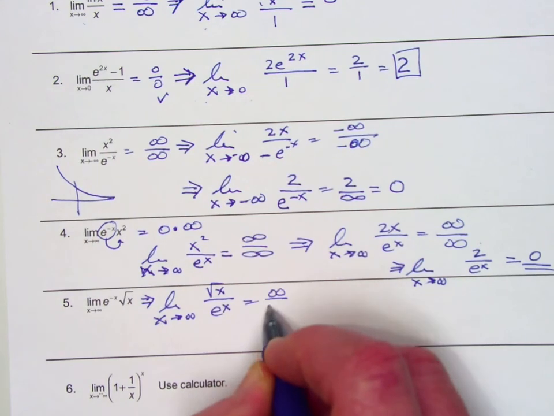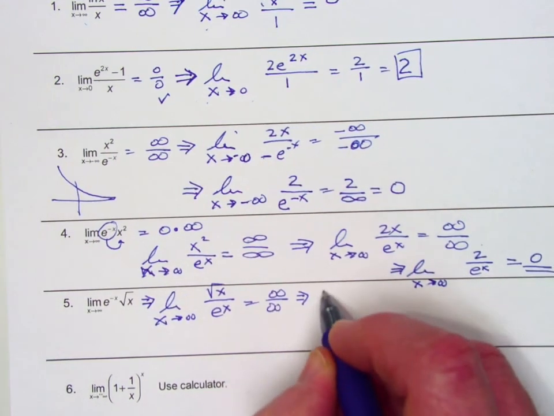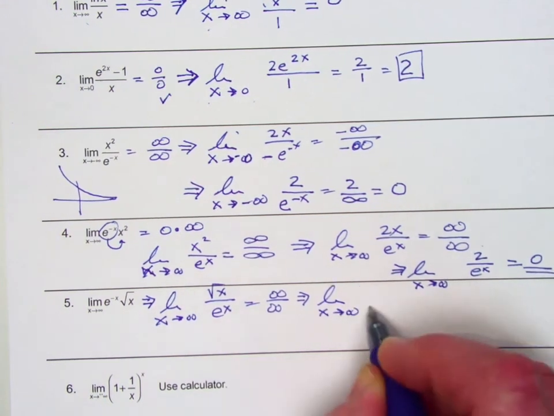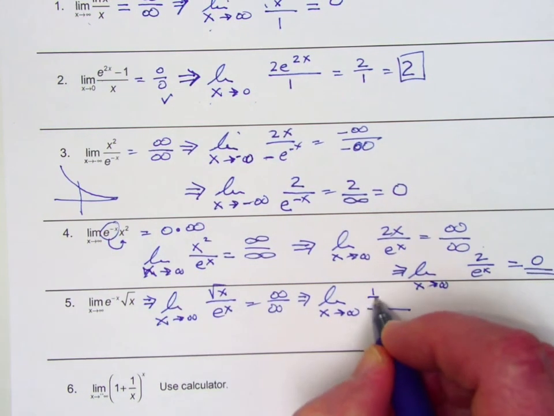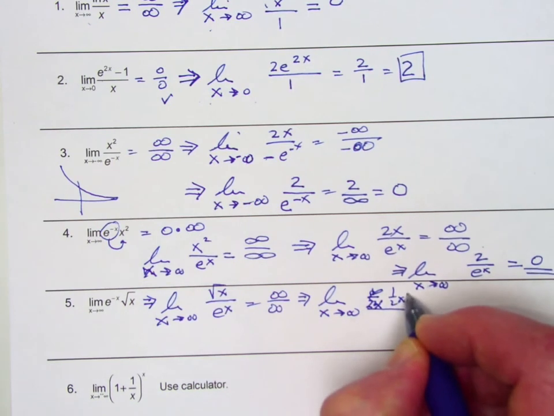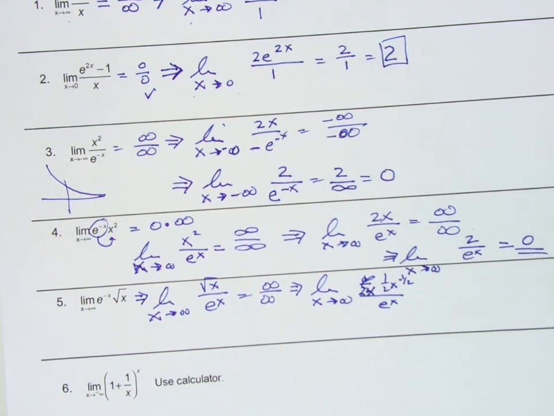I get infinity over infinity, so I can apply our friend L'Hopital. All right. So I get the limit as x approaches infinity of, all right, this is x to the 1/2. So isn't that 1/2 x, I'm sorry, it's 1/2 x to the negative 1/2 over e to the x.